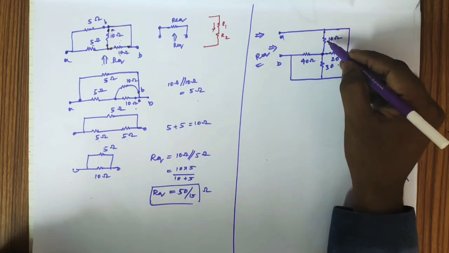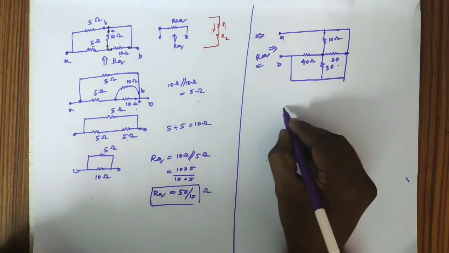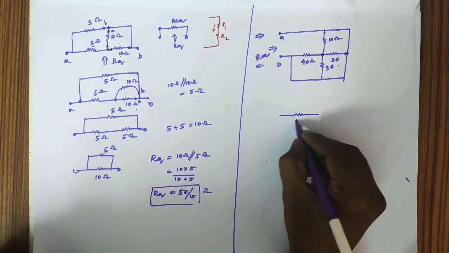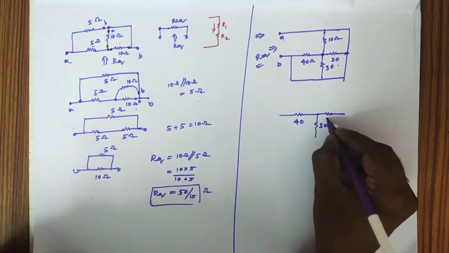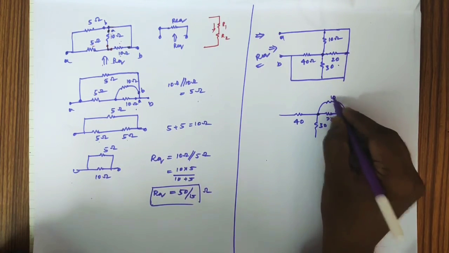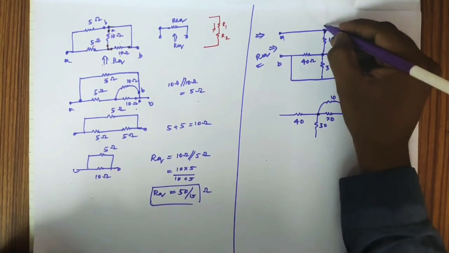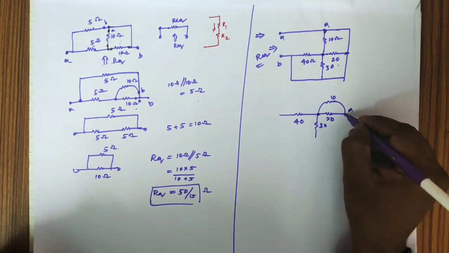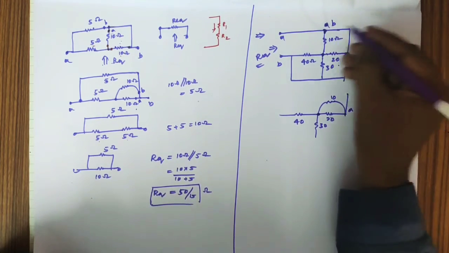We will redraw it: the 40 ohm is connected like this, the 30 ohm like this, the 20 ohm and this point, and the 10 ohm connected like this. So this point A is replaced like this. Let us say this is point B and this is point A.